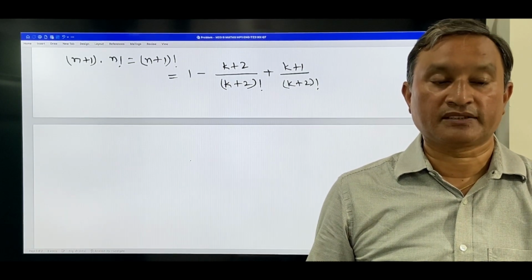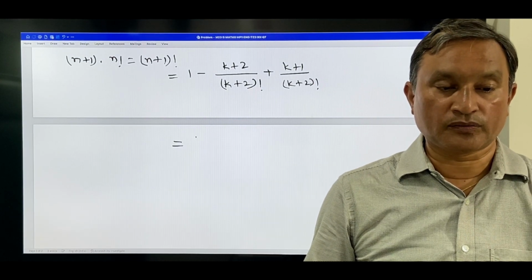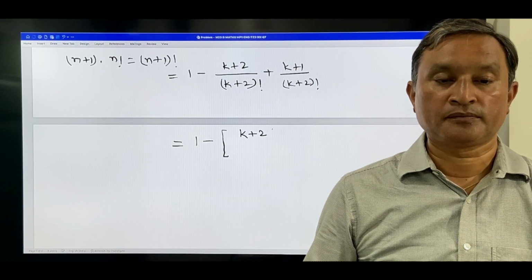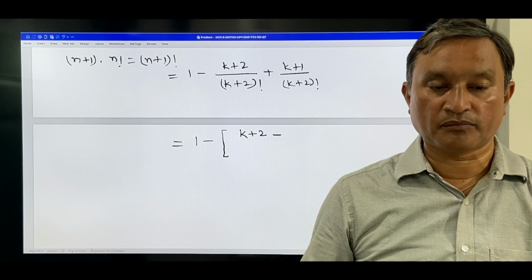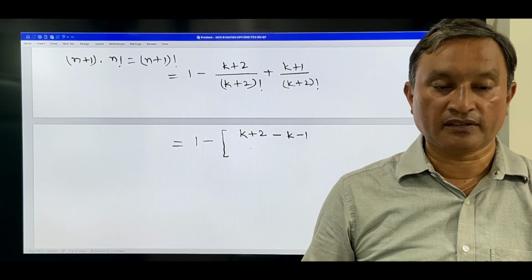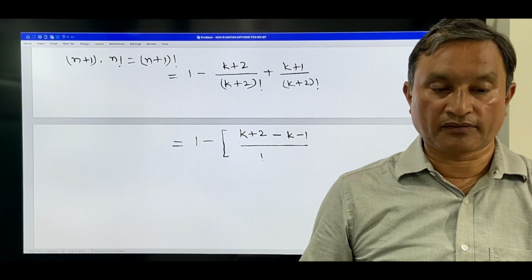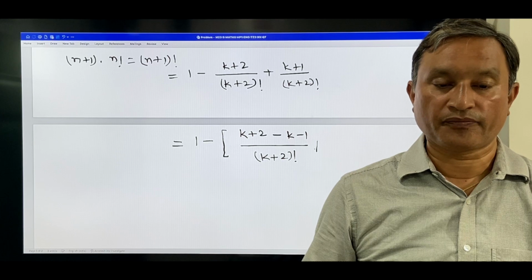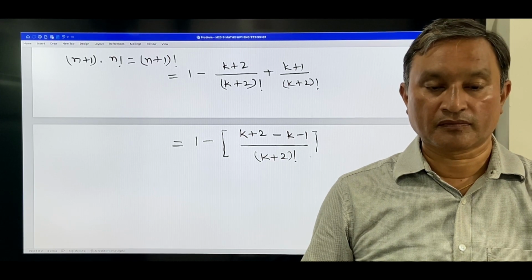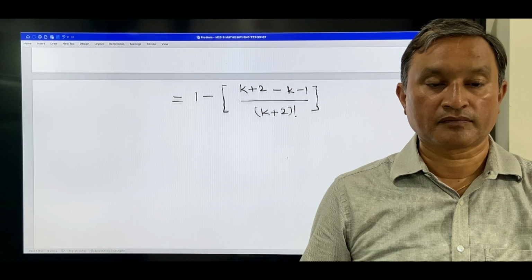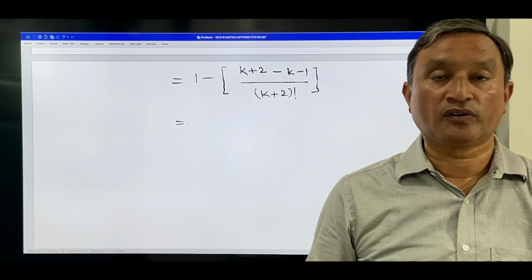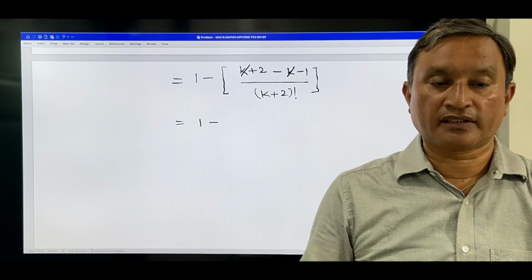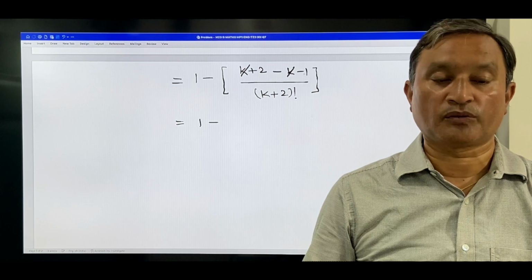Now we can further simplify, equals 1 minus, now here the minus sign will come, (k plus 2 minus k minus 1) upon (k plus 2) factorial. Equals 1 minus, now here k gets cancelled and 2 minus 1 would be 1.